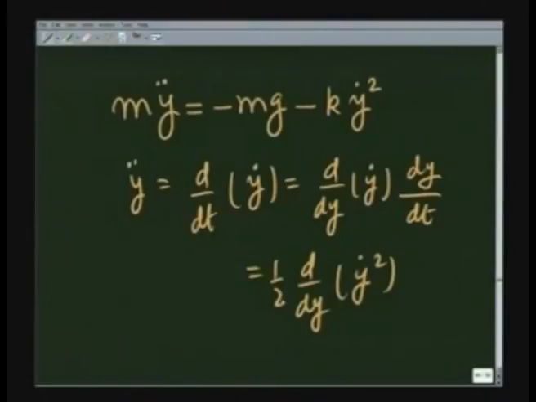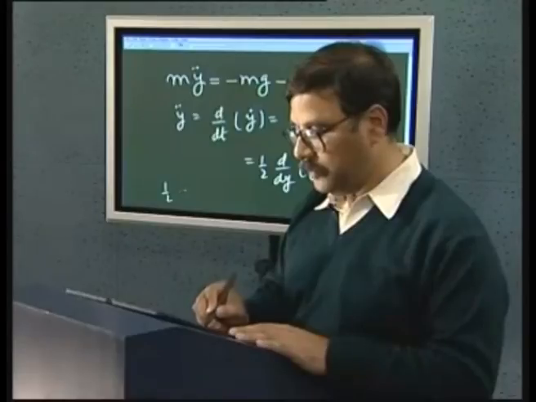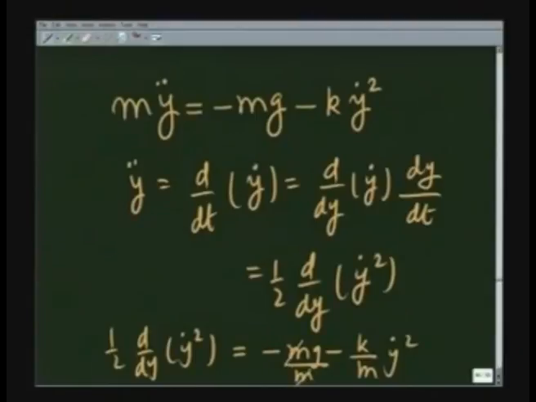And therefore, I can write my equation as 1/2 d over dy y dot square is equal to minus mg over m minus k over m y dot square, and I have 1/2 d over dy y dot square is equal to minus g minus k over m y dot square.